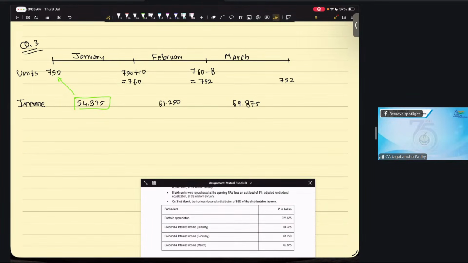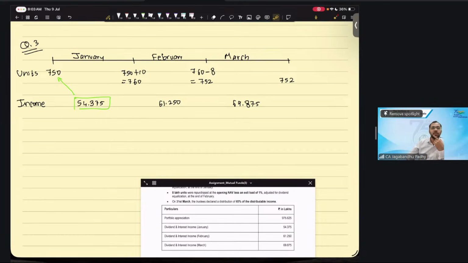So, of course, the new investors who are coming over here, we are going to tell them that the 54.375 amount of income is actually belonging to the 750 unit holders.